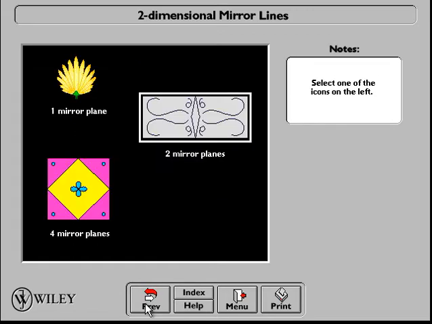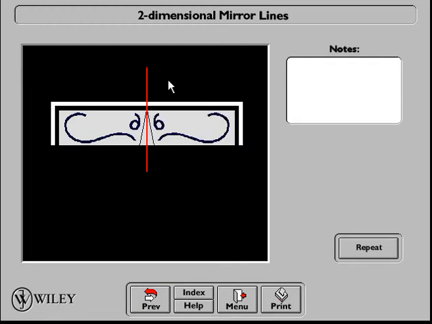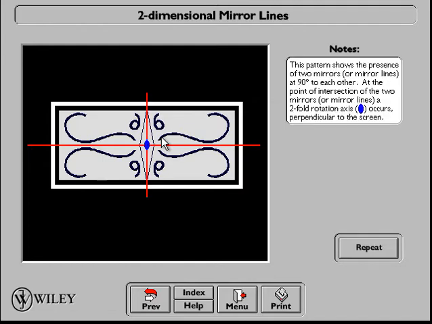Then we have here two mirror planes. Here we have an example for two mirror planes. We are making the first one mirroring from here to there, and then the second mirror plane we have here. So this pattern shows the presence of two mirrors or mirror lines at 90 degrees to each other.